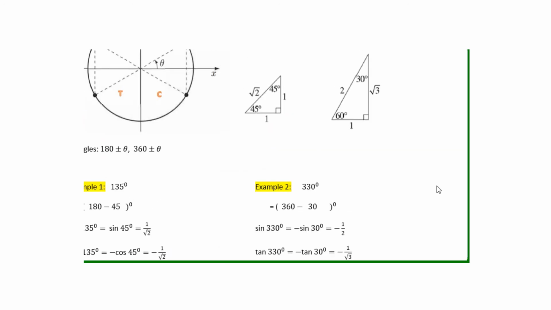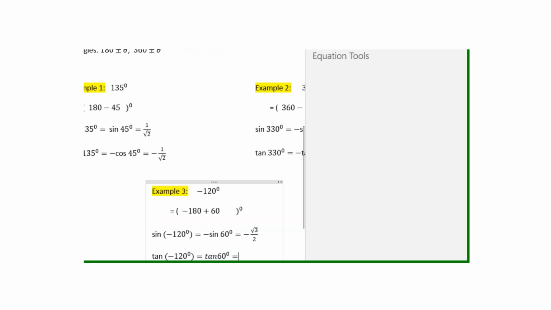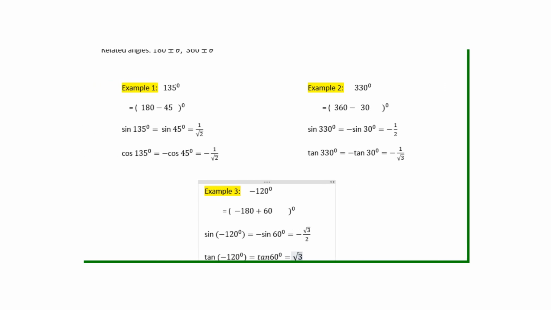Then we use our triangle to work out tan of 60 degrees. Tan is O over A, so root 3 is the answer. Okay, so I hope this helped. So again, work out the related angle, check if it's positive or negative, then use a triangle to work out the exact ratios.